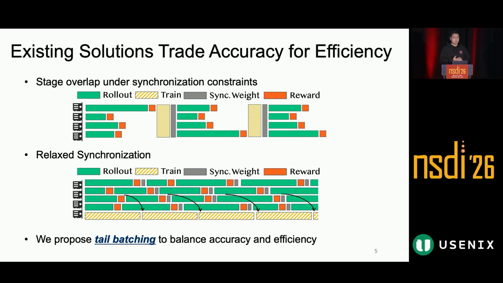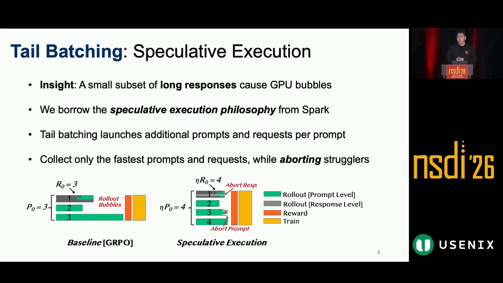Since accuracy and efficiency are both important in RL post-training, we propose tail batching to balance between accuracy and efficiency. Our insight is quite simple. Only a small subset of long responses cause GPU bubbles. The max response length could be as large as 30 times larger than the median.